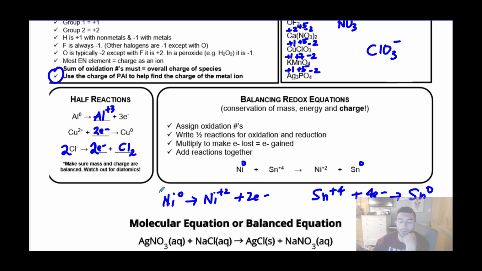And then what we want to do is make sure that the number of electrons lost equals the number of electrons gained. So I'm going to multiply that equation by 2 to get 4 electrons. My electrons lost equal my electrons gained, and when we add them together, then we get this overall net ionic equation.